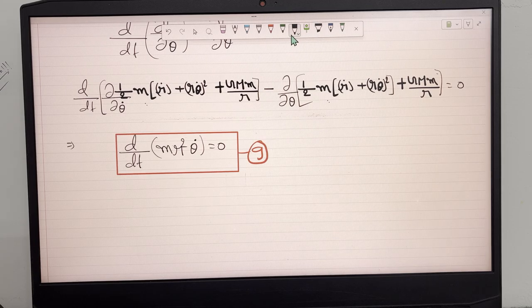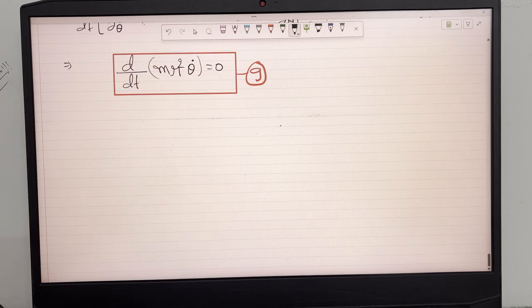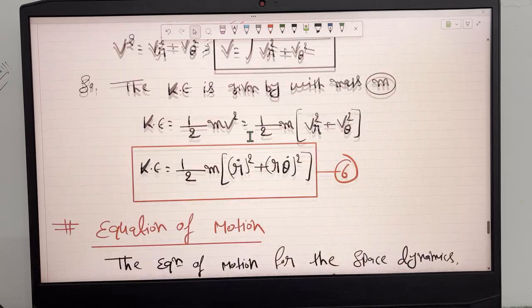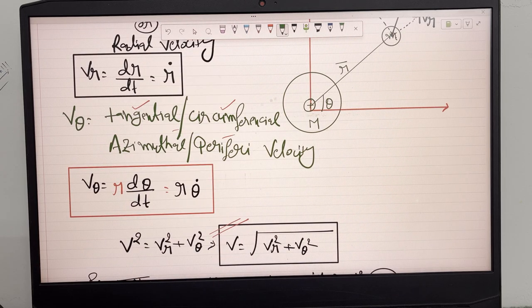Now let's discuss this. It's a very wonderful thing. What we can write, m r square theta dot, we can split this, right? m r theta dot. So what is this r theta dot? This is basically b theta, right? b theta is your r theta dot.